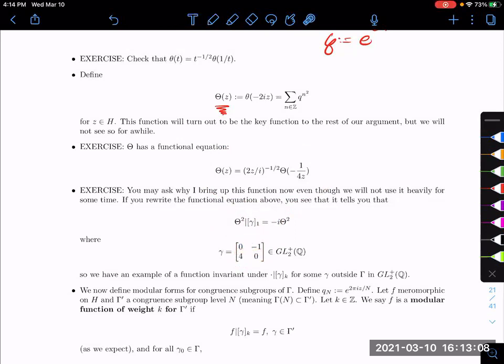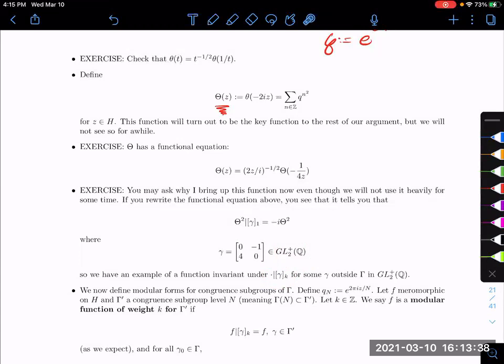Now, this matrix 0, negative 1, 4, 0 doesn't live in SL2Z, right? It doesn't have determinant 1, but it does live in GL2 plus. And so big theta gives us our first example of a function that's invariant under bracket gamma for some gamma outside of SL2Z. So that's really why I introduced it now. It wasn't just to be titillating or anything like that.